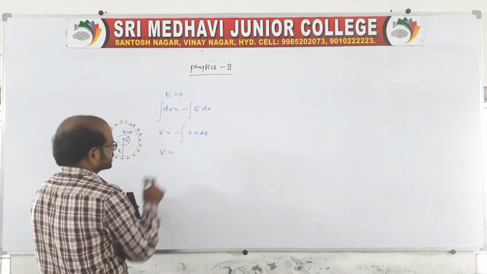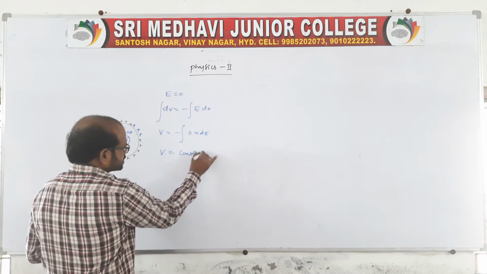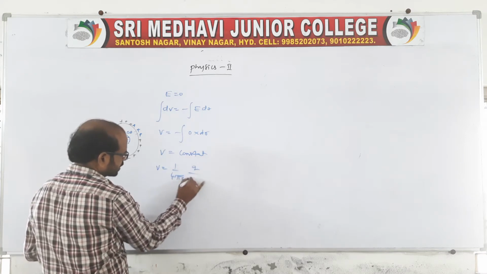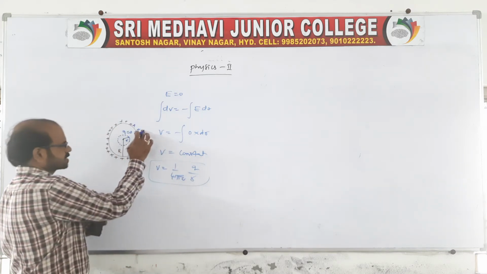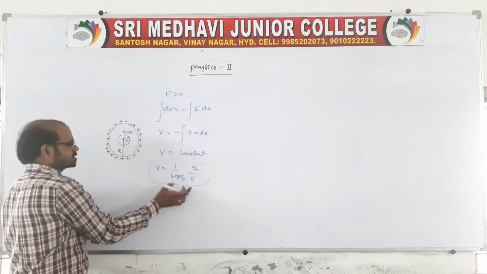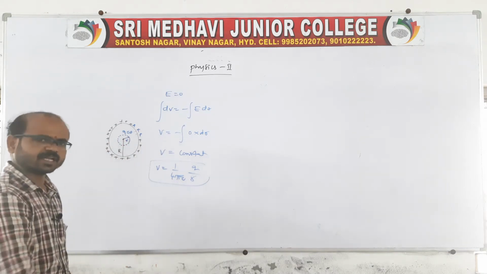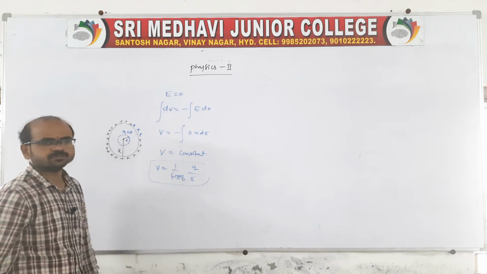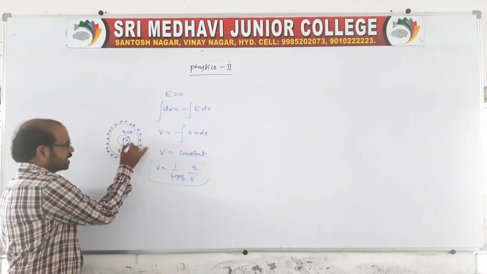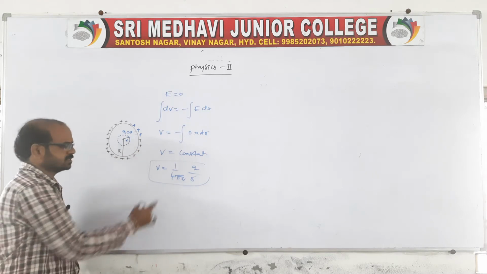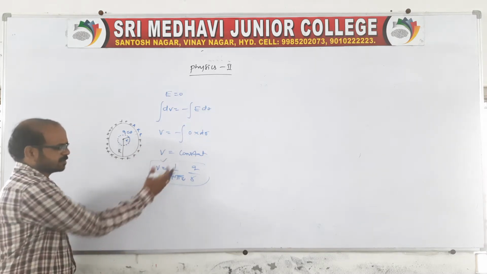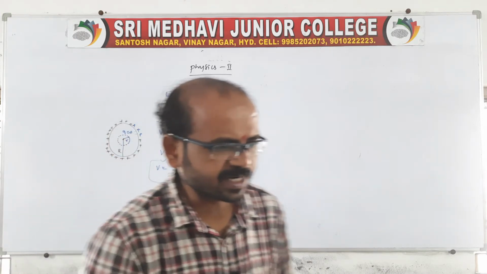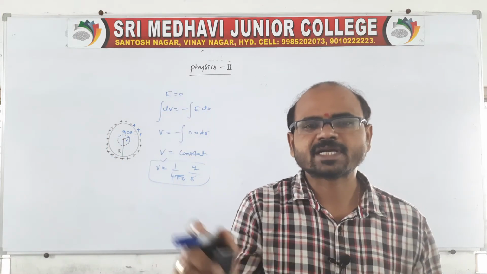That constant is whatever is there, 1 by 4 pi epsilon naught q by r, on the spherical shell. That is the same inside also at any point except the center. If it is the center, r will be 0. So at any point except the center, it remains the same, 1 by 4 pi epsilon q by r, as on the spherical shell.